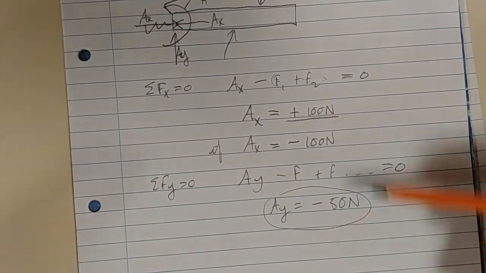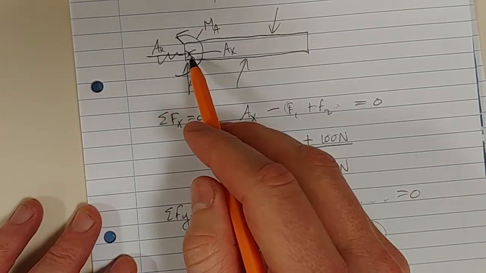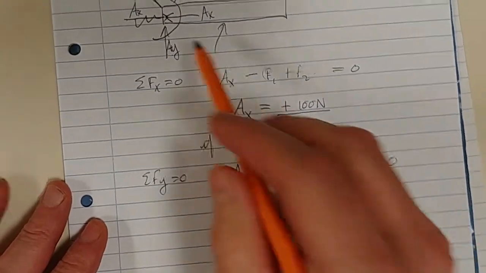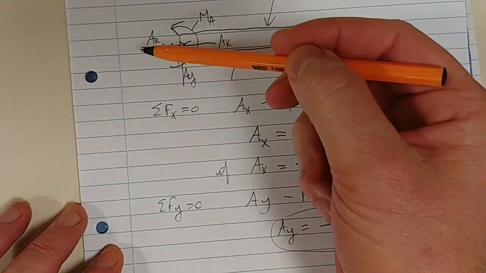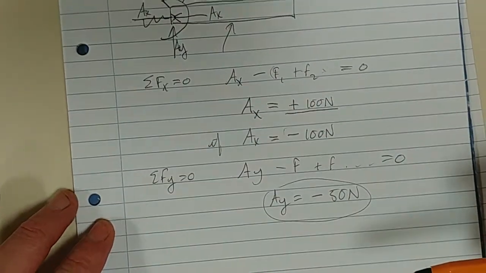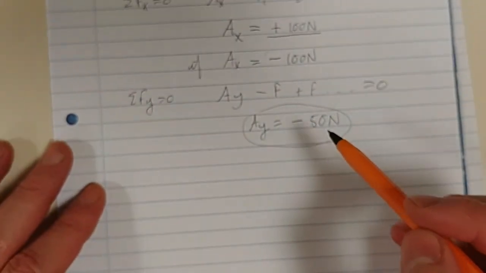So essentially, you've chosen a certain direction to be positive, and if you get a negative, then it means that the force is actually acting in the opposite direction.